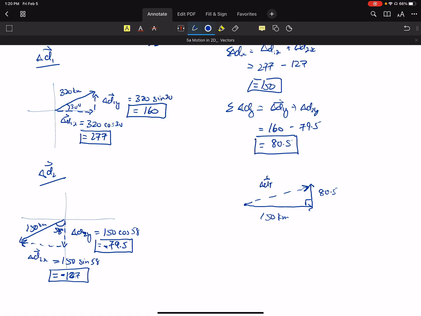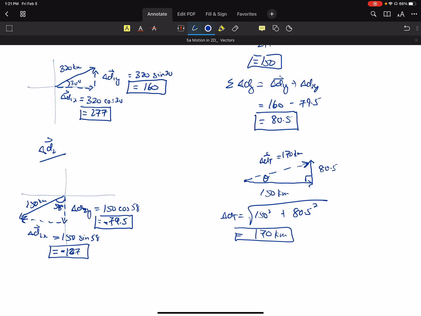So your delta d total is the square root of 150 squared plus 80.5 squared. When you do that, you get 170 kilometers.